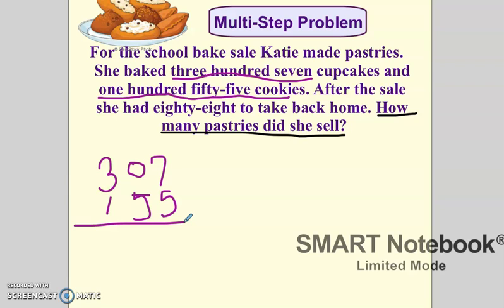Okay, my friends, what do you think? It says she baked 307 cupcakes and 155 cookies. If you said add, you are correct. We are going to add these. Don't forget to make your HTO.